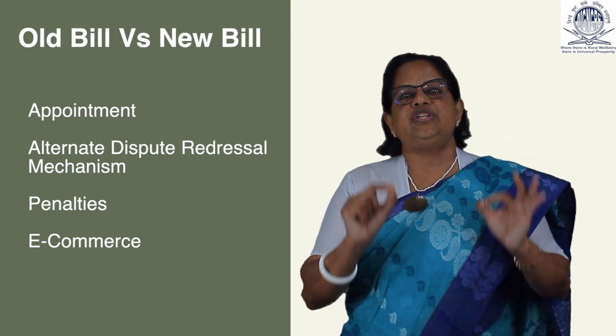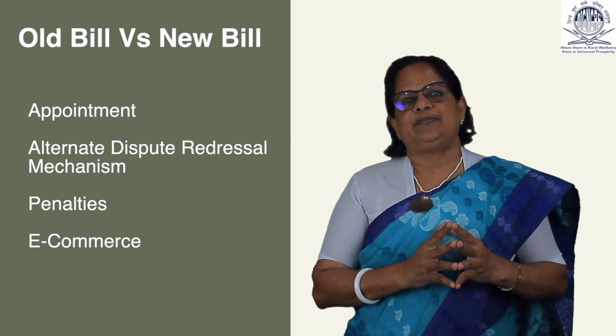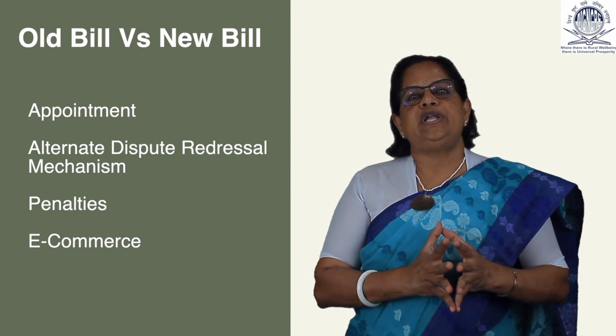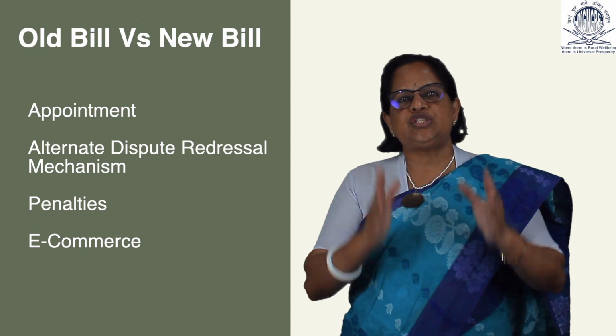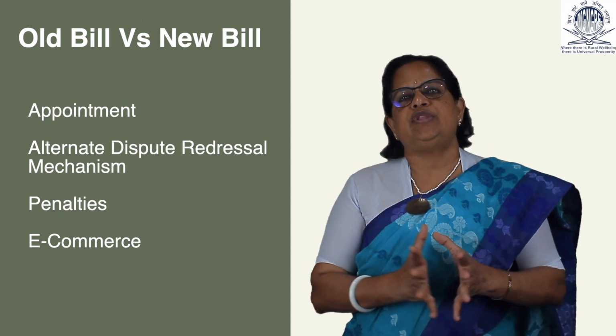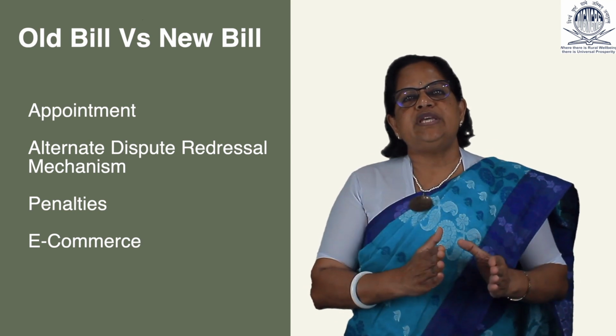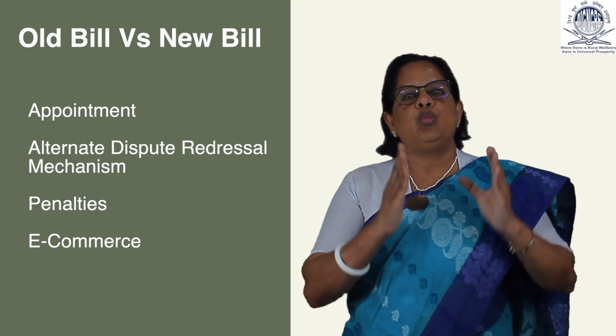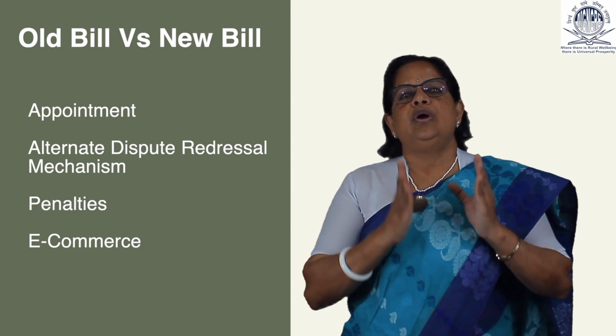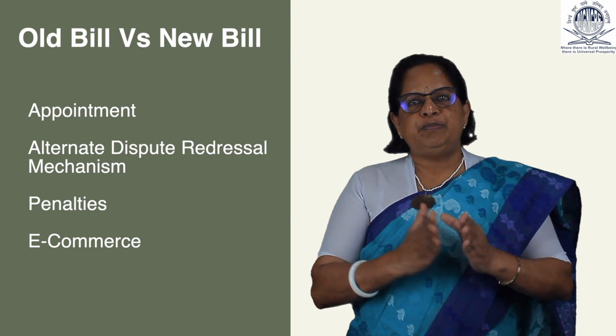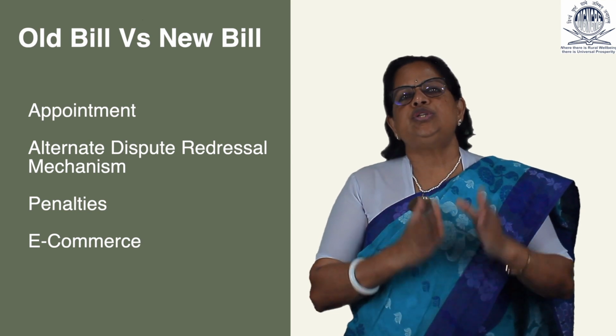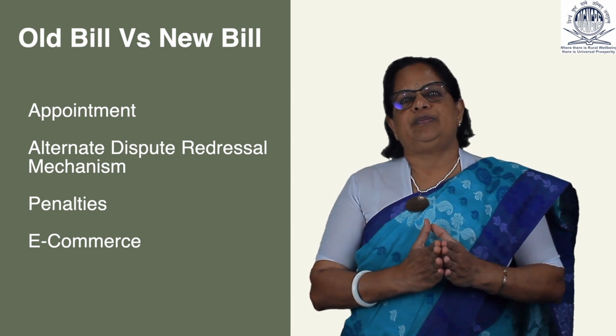The 11th distinction is about penalties. As per the old Act, if a person does not comply with orders of the commissions, he may face imprisonment between 1 month and 3 years or fine between rupees 2000 to rupees 10,000 or both.